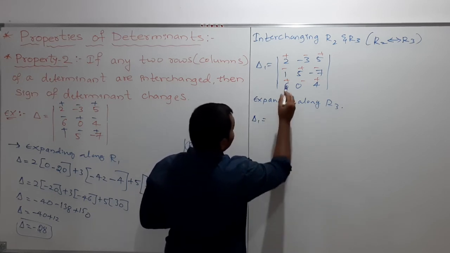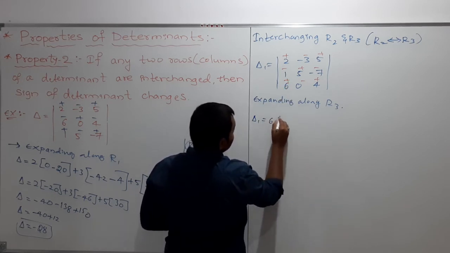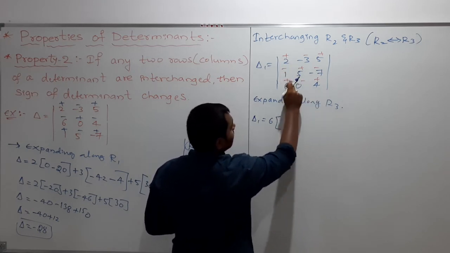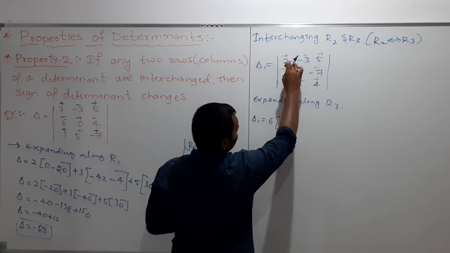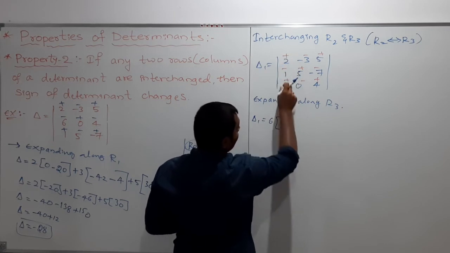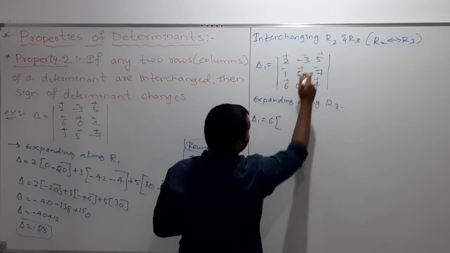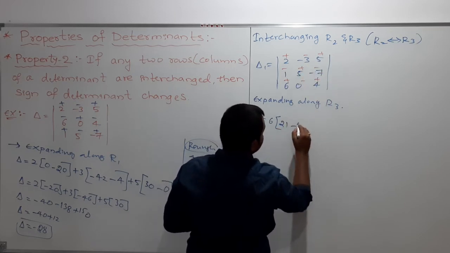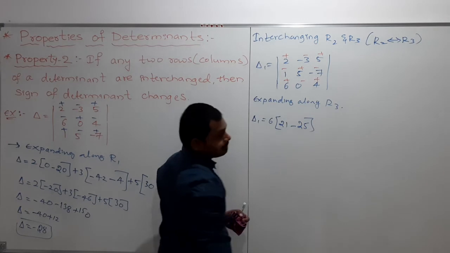First, plus 6 into, again expanding along row 3, this is your row 3, so plus 6 into, leave this column and this row, and here it is minus minus plus, 7 3s are 21 minus 5 5s are 25. Clear?